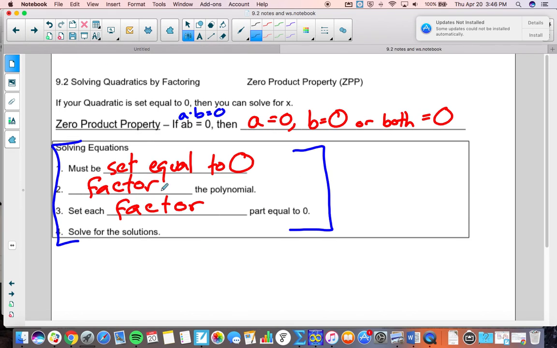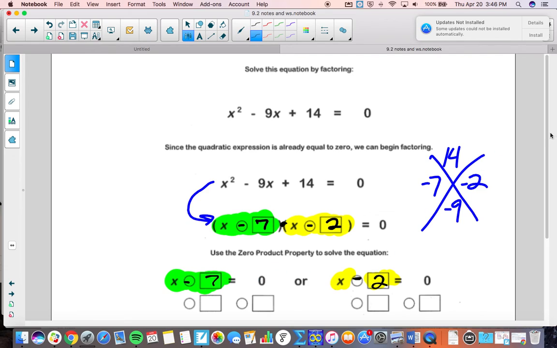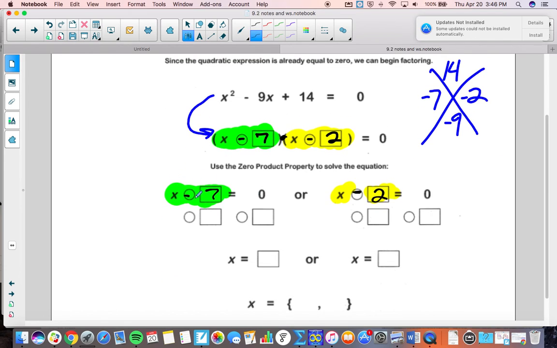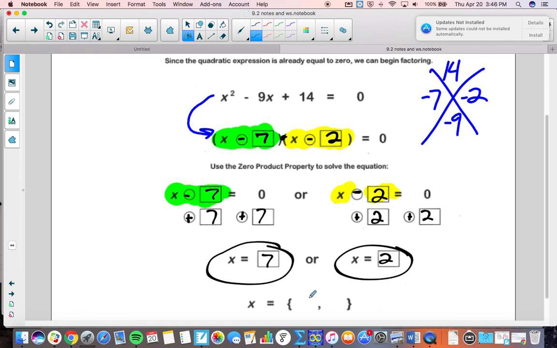And now after you set those factor parts equal to 0, just solve your simple equations to figure out the solution. It's that easy. So solve for x. Add 7, add 7. x equals 7. Boom. Undo subtracting 2 by adding 2. x equals 2. Boom. So 7 and 2 are the solutions.